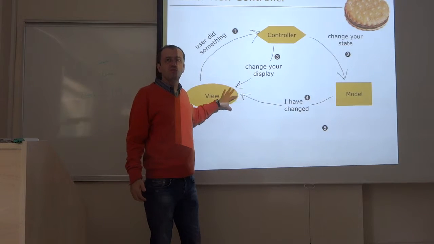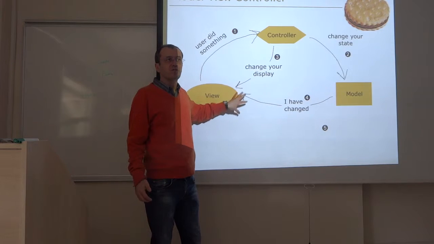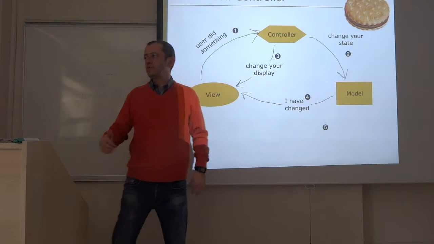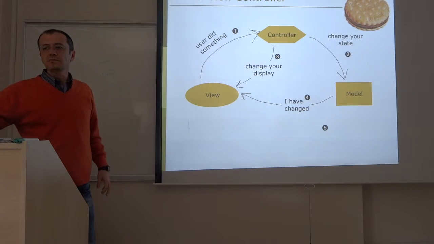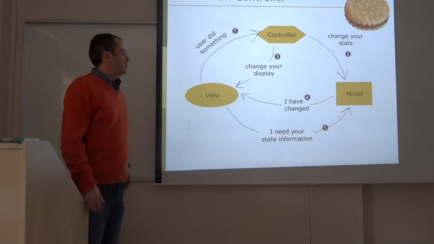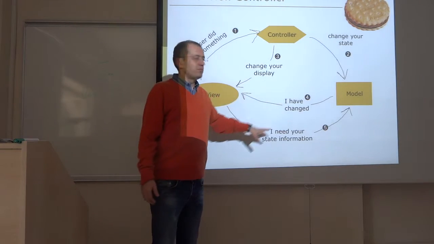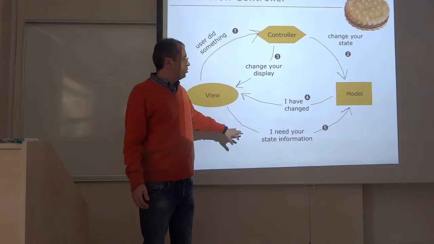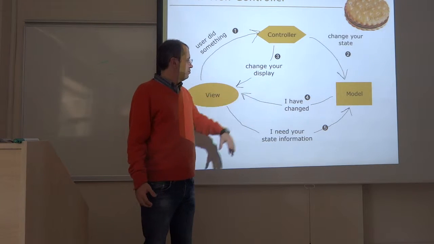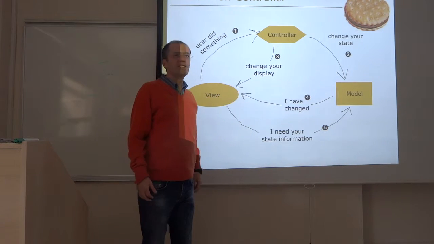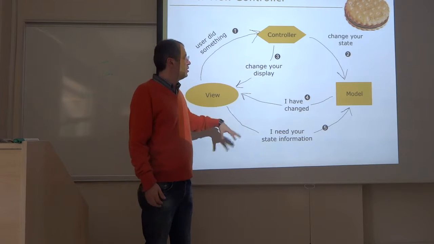So there are two different things that have changed. So the view has to respond to these things. And this keeps going on. The view says, all right, give me your current state information.